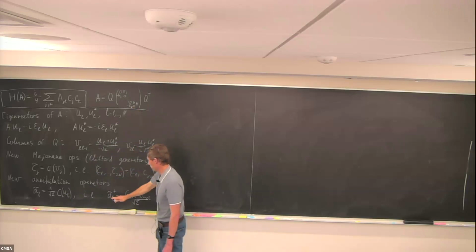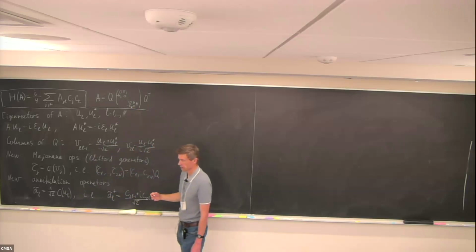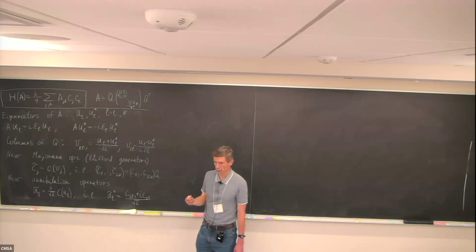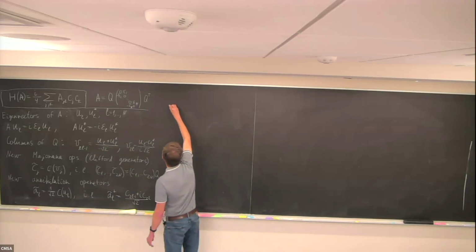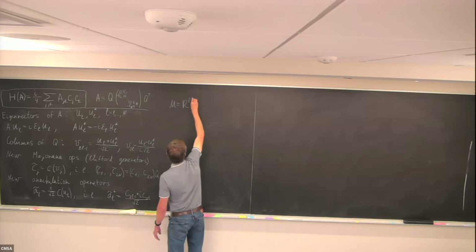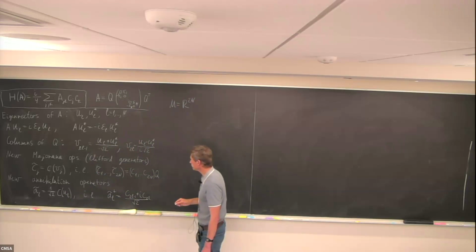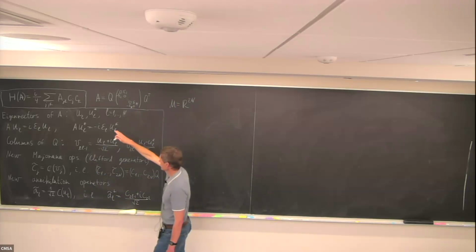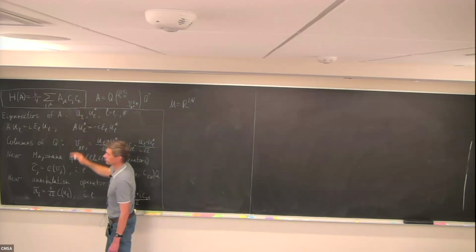And of course, the new annihilation operators are related to a new complex structure on the same vector space R to the n. And now we can actually solve this Hamiltonian.